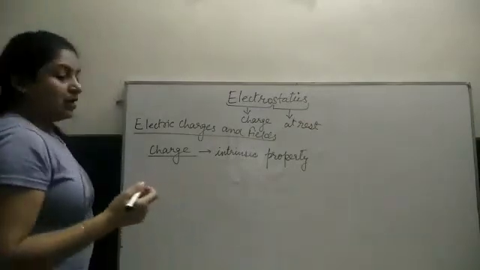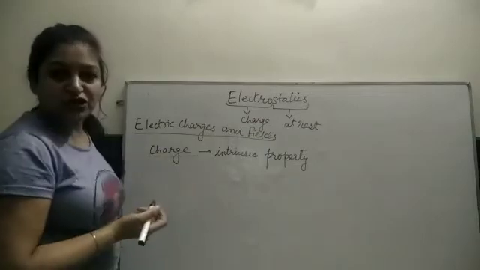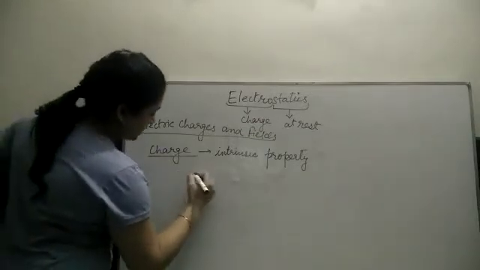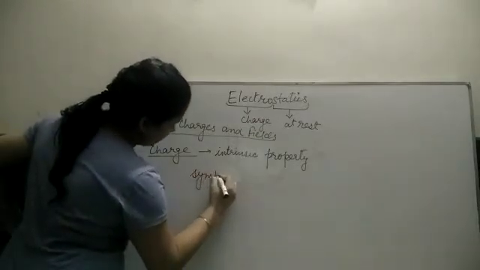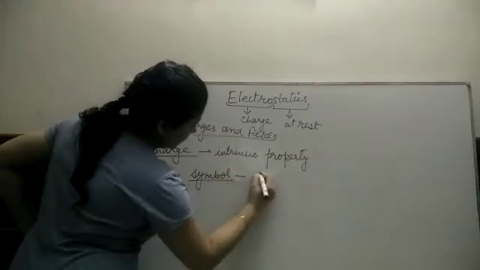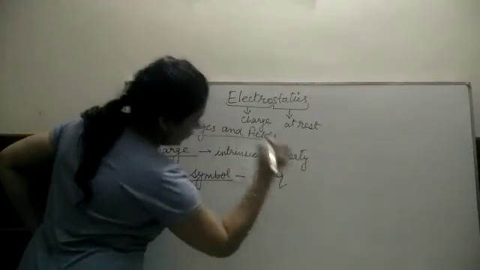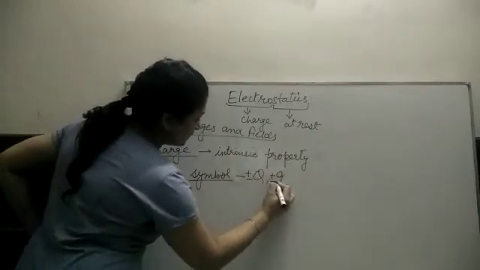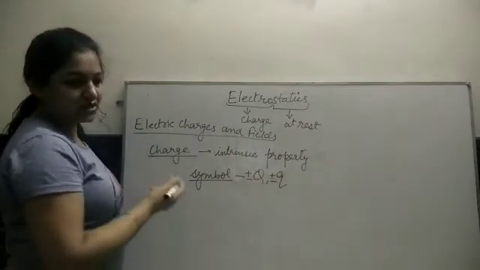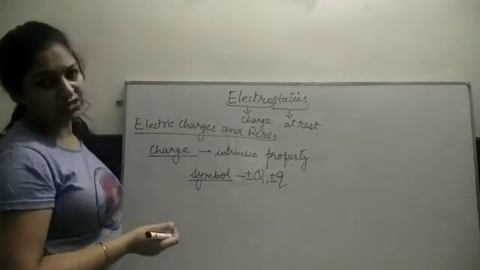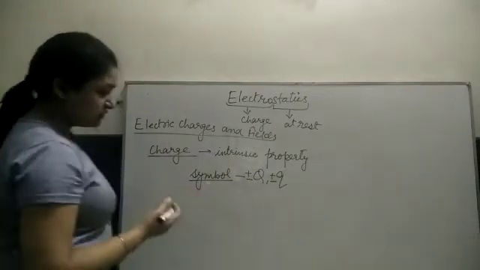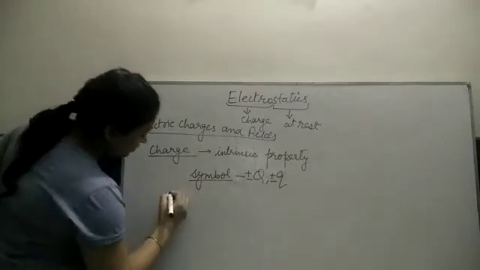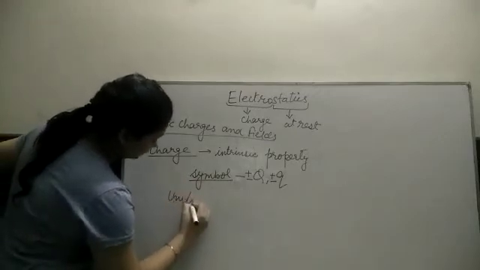Now, what symbol can we use to represent charge? Capital Q or small q with plus or minus. For positive charge, plus can be used, for negative charge, minus can be used. So these are the symbols for representing charge. What are the units of charge?